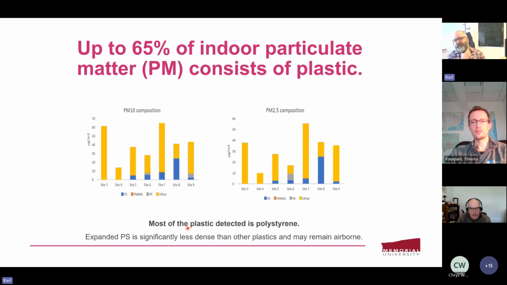It could be that because polystyrene is not very dense, certainly expanded polystyrene foam is not very dense, that it's floating around and more available to the air sampler than other plastics. That's possible, but it's early work yet. I'd like to collect some more data to see if that's really the case.